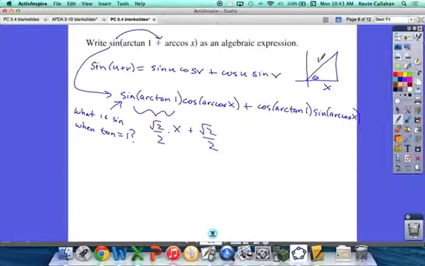And now in order to know what the sine of that is, we need to find that side. Square root of 1 minus x squared. Now, what is the sine? Opposite over hypotenuse.